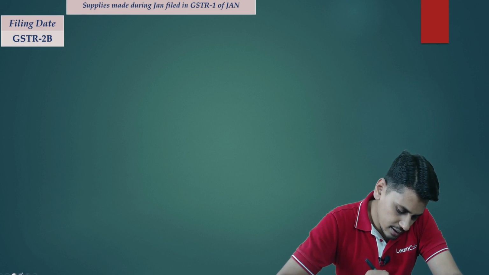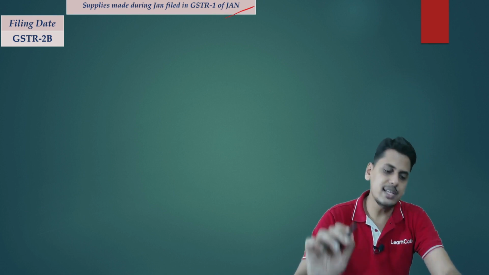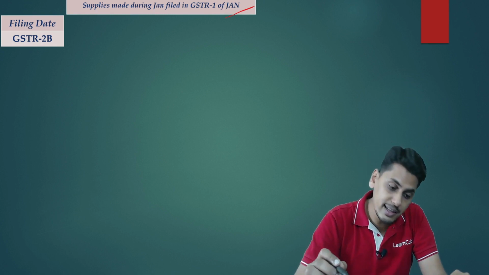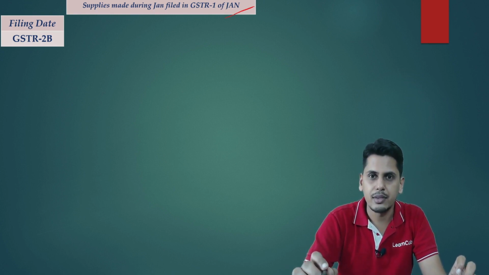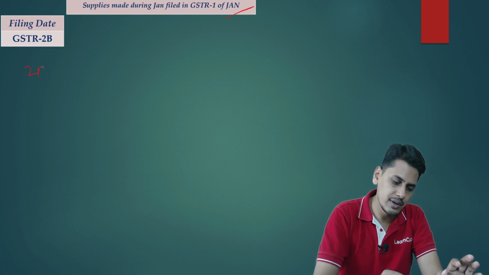Supplies which are made during Jan are filed in the GSTR-1 of Jan itself. Question number 1. In which month GSTR-2A would it appear? Friends, as regards 2A is concerned, it is always very simple.